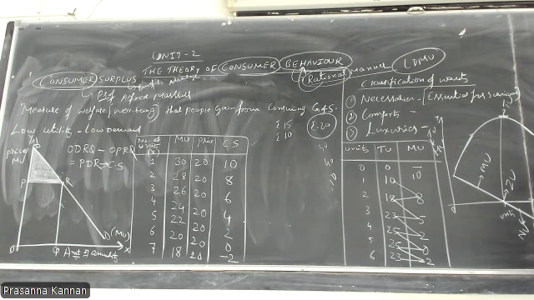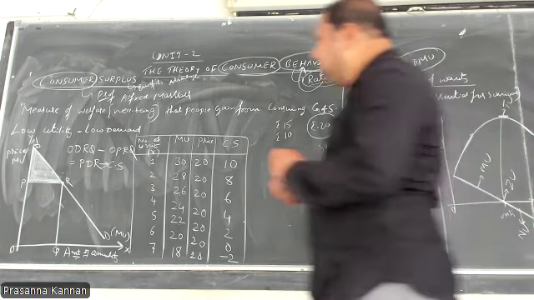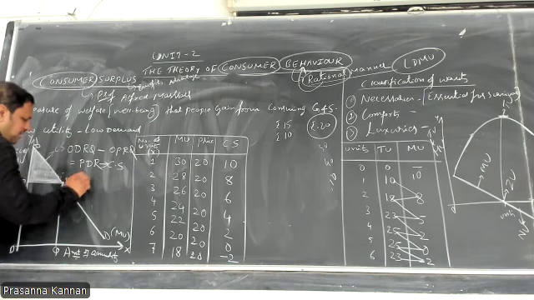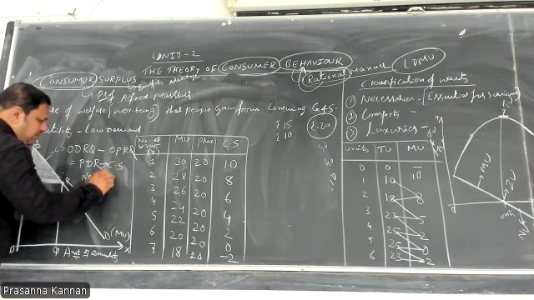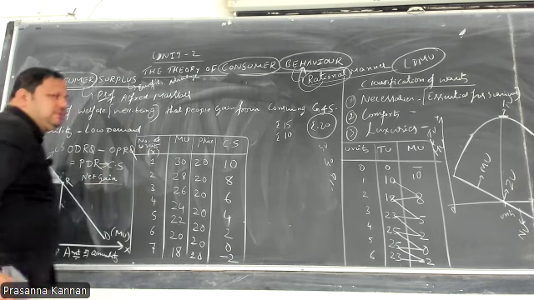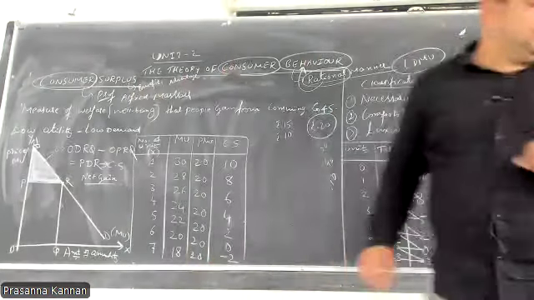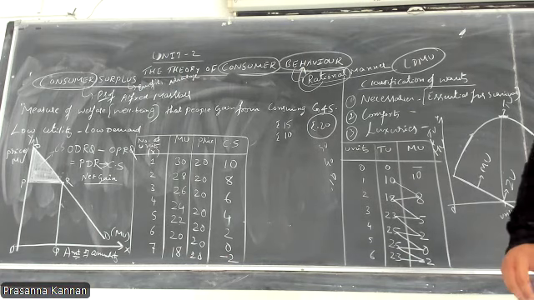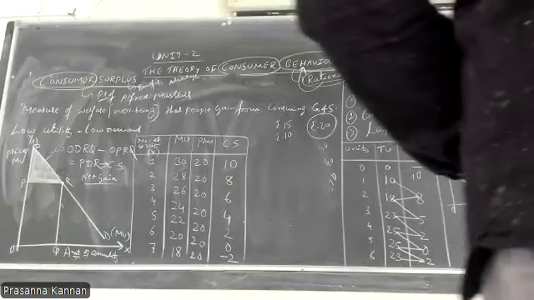Full stop. This is the last sentence of this concept: consumer surplus is the buyer's net gain from purchasing a good or commodity, anything. With this, consumer surplus.